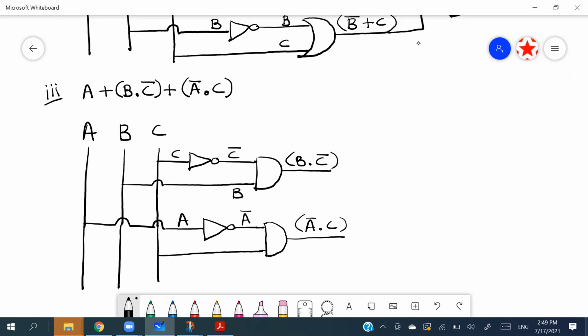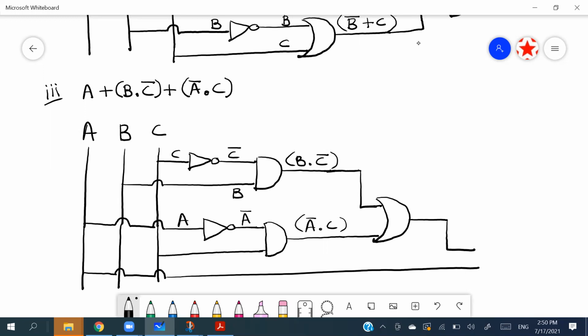Some of you have sent me answers adding those things using two OR gates. First you send these two through an OR gate, then the output of it is connected with a line you take from A and send it through again, which is correct.